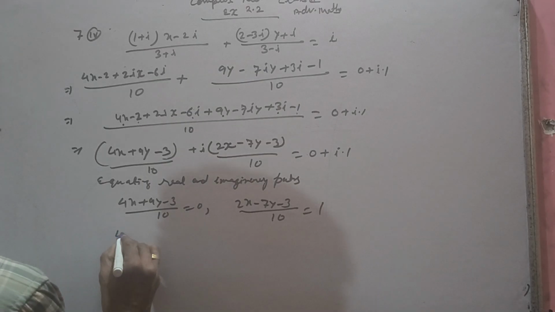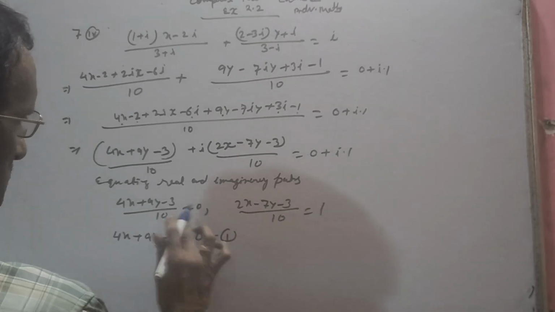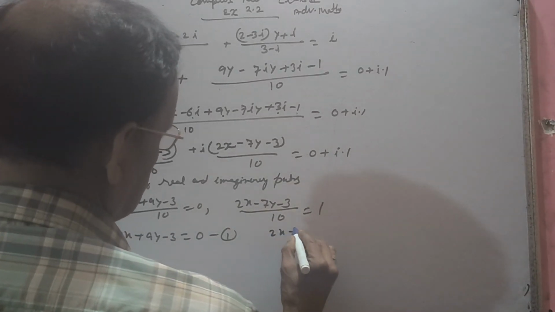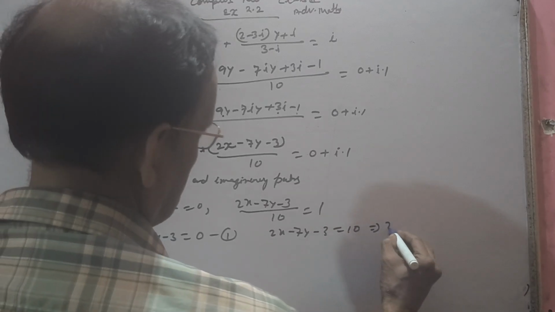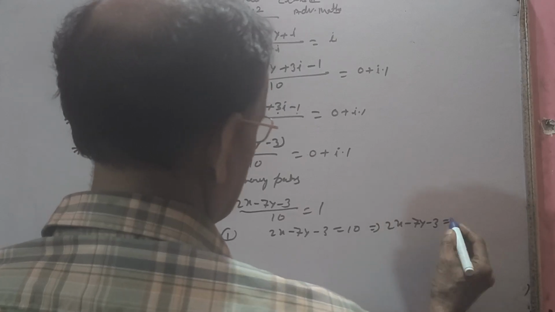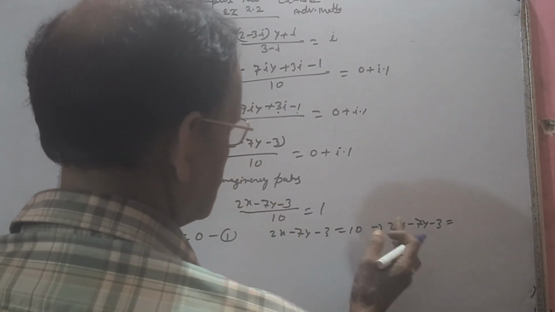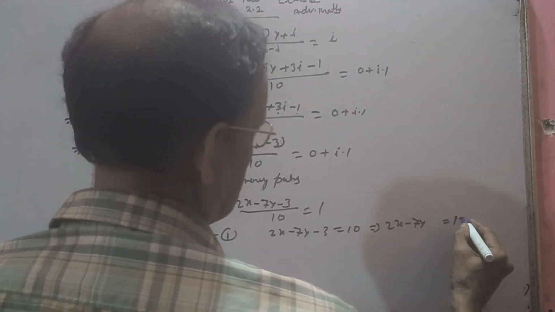So from here, 4x plus 9y minus 3 equals 0 only. And twice x minus 7y minus 3 is equal to 10. That will give twice x minus 7y equal to 13.